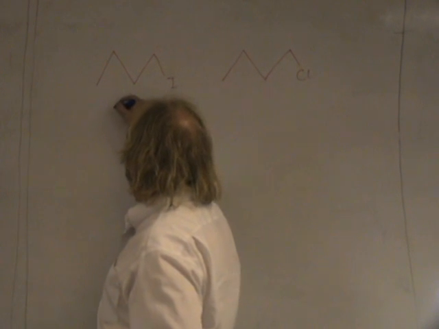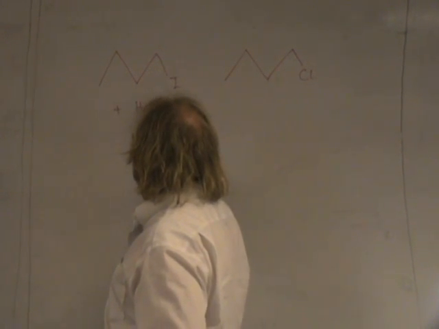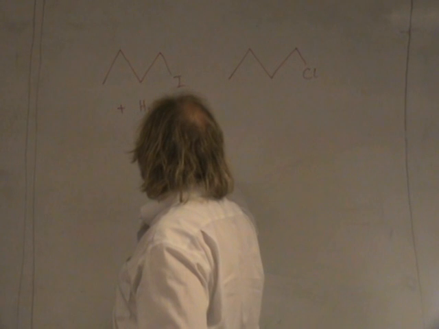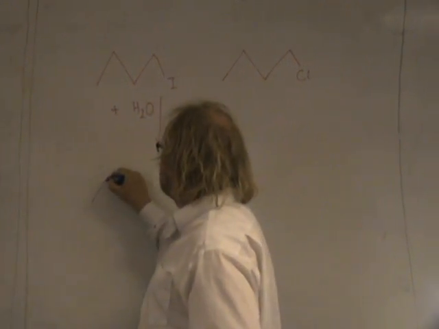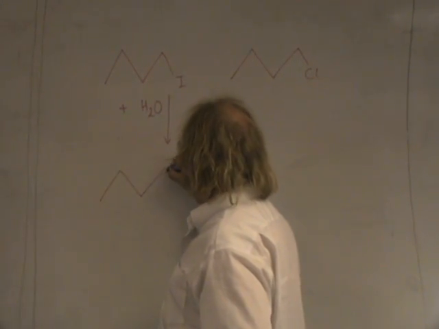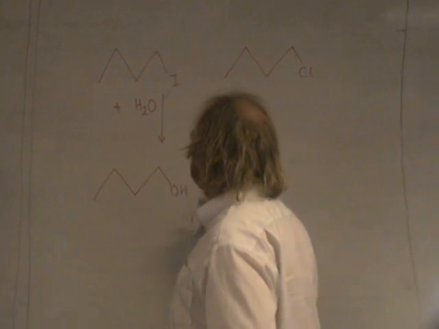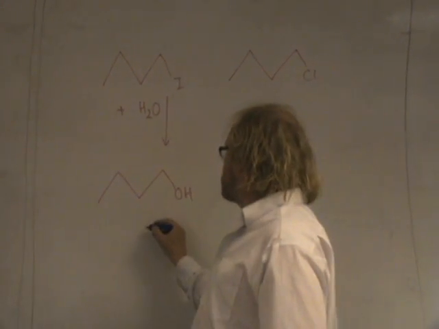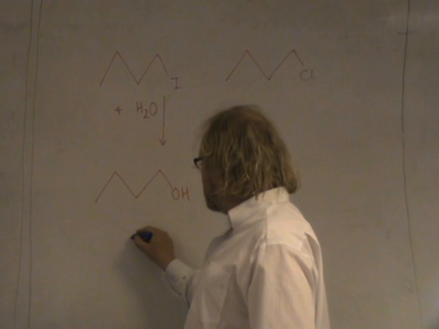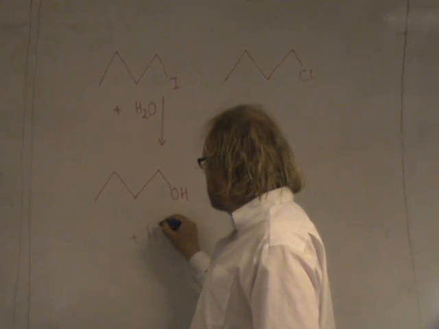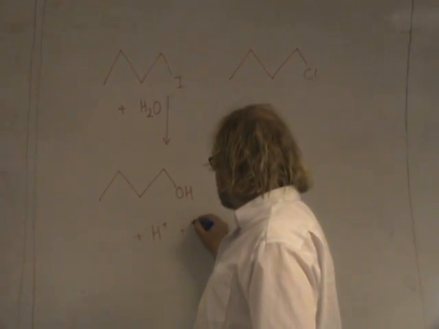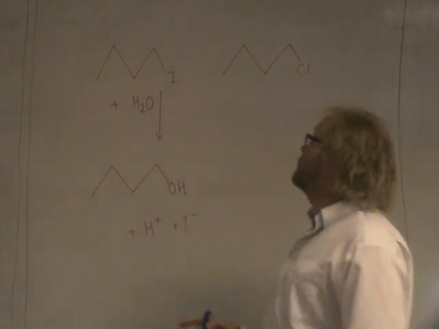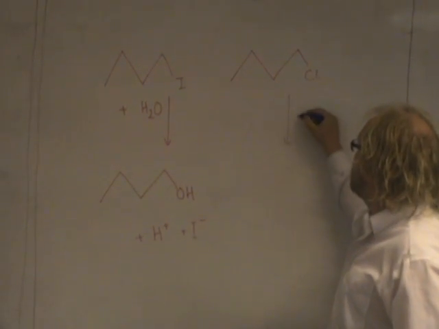So if you do the iodobutane, it will react with water to produce butan-1-ol. Okay, so you get a substitution reaction, and HI, but remember that's an aqueous acid, so it's broken up into H plus and I minus. Okay, and likewise this will do the same thing.